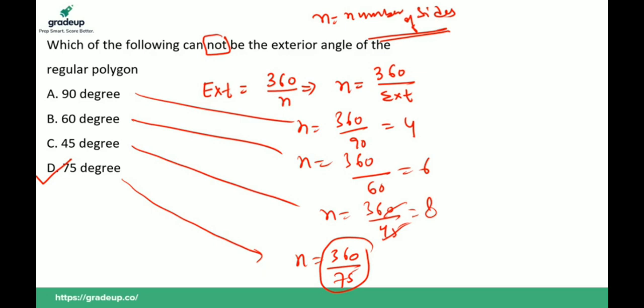Yes, is it okay to all of you? So 75 degrees cannot be the exterior angle.